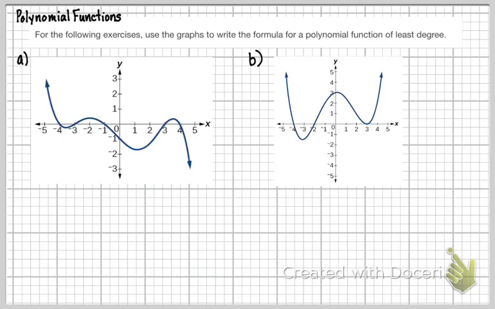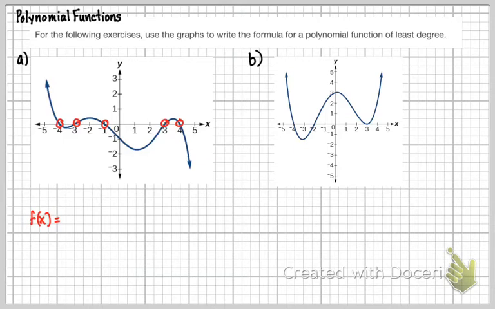Okay, so first things first, let's take a look at A now. So we're looking for this f of x function here. Okay. So now the first thing I'm going to do is I'm going to note all my zeros. So I have one here, here, here, here, and here. And if you notice all of those zeros there, those are all going to create factors for my polynomial.